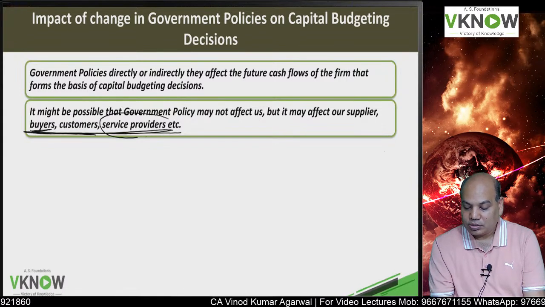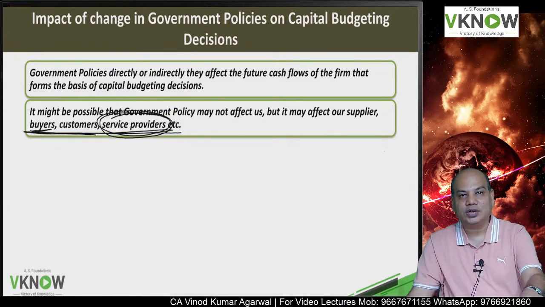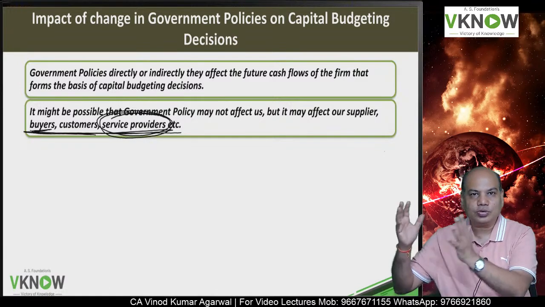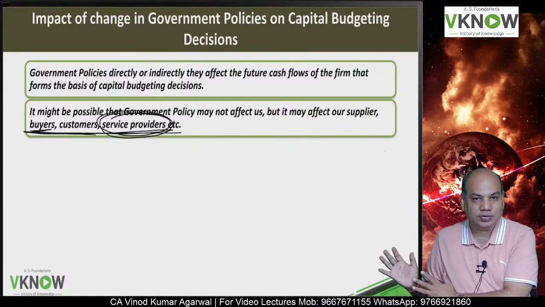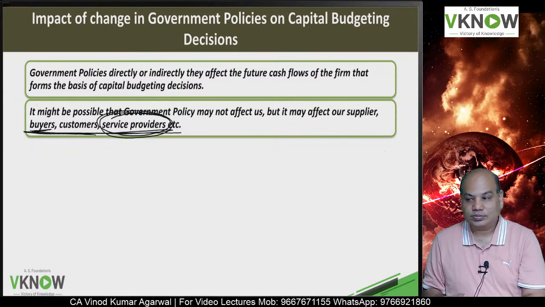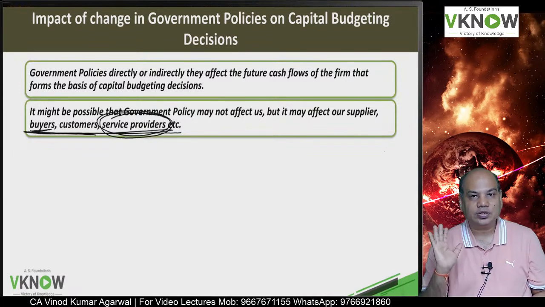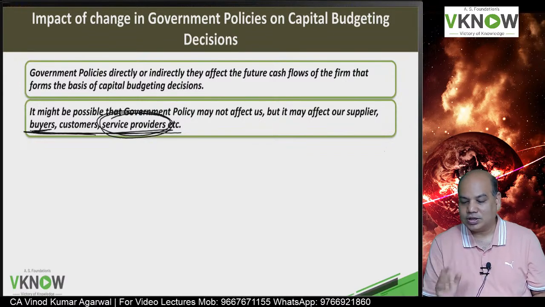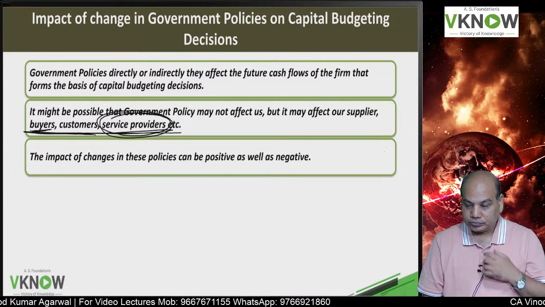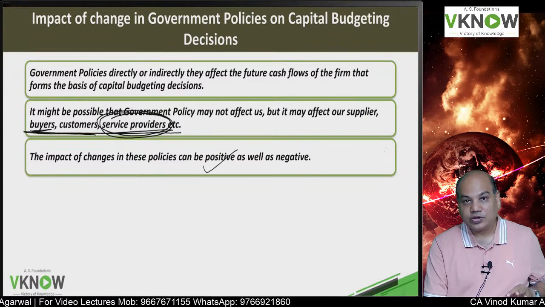The US government may bring a law that as long as you can get service from a US company or a US citizen, you are not going to outsource it to an Indian company. The Indian service providers will be affected. Okay. Government policy can overnight change your business and can seriously affect you because you don't know what they can do. Of course, change in government policy can have a positive effect also.